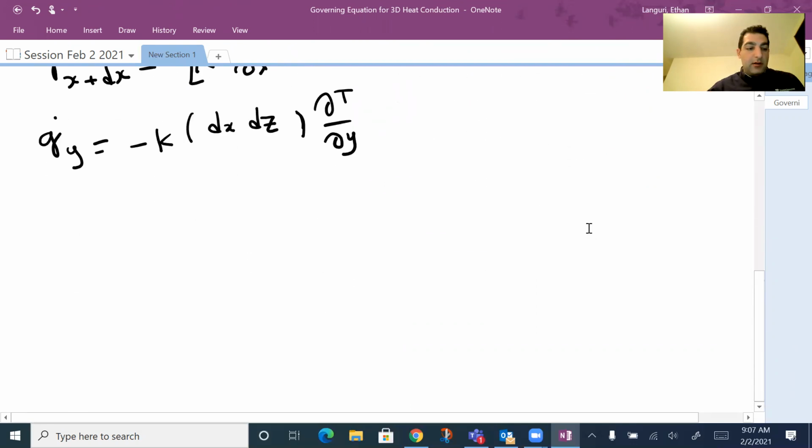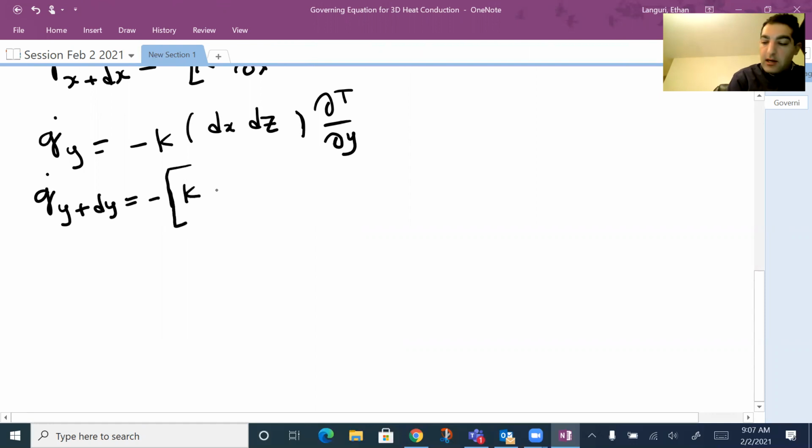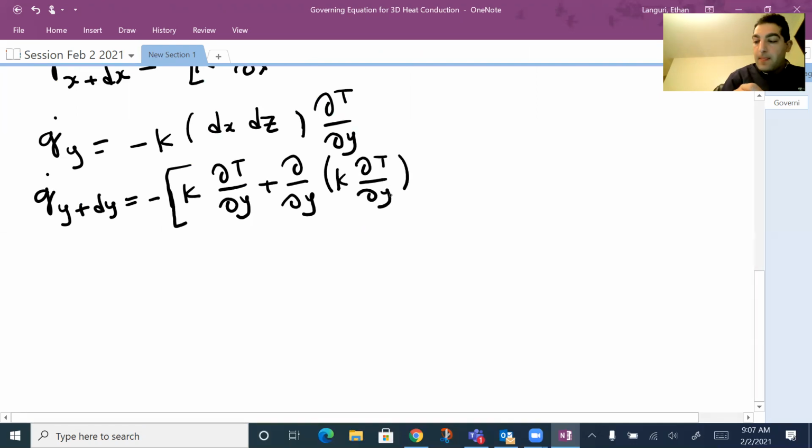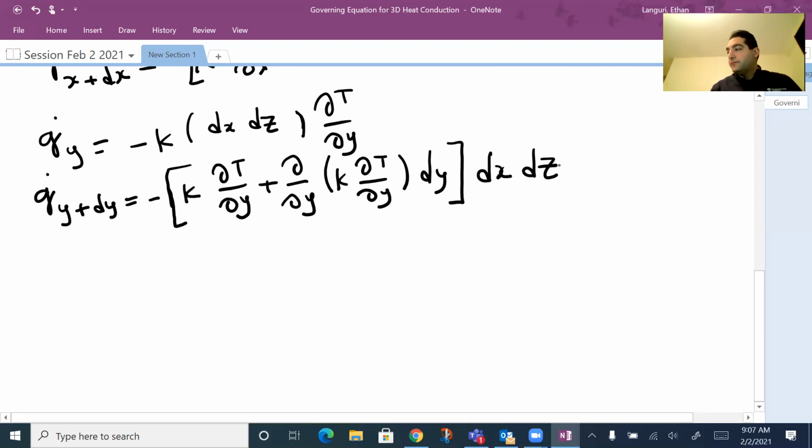And same analogy for the outlet. At y plus dy, I get minus bracket k del T del y plus del y of k del T over del y, dy, times the same area, which is dx times dz.